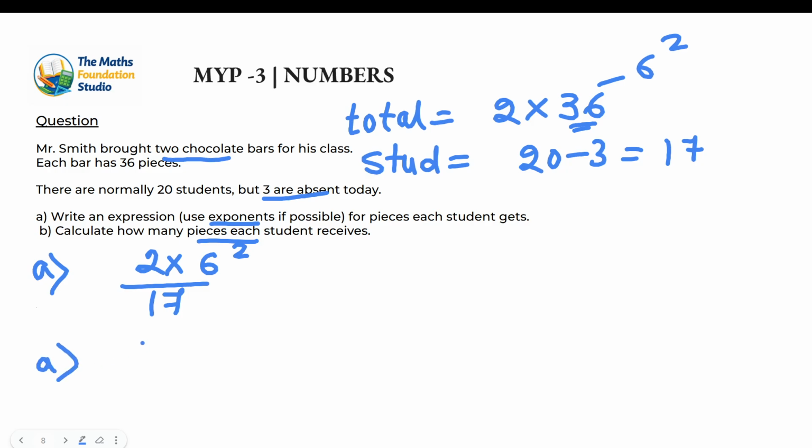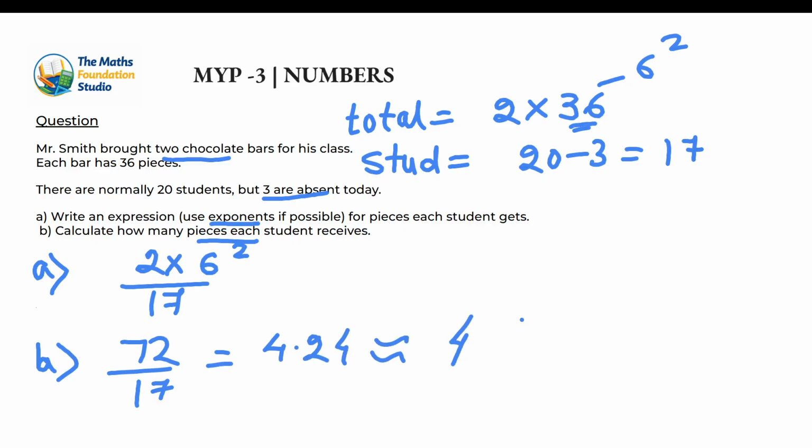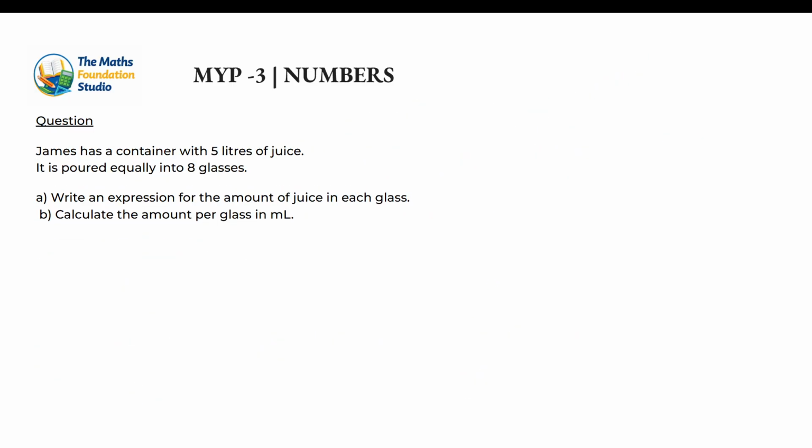Hence, let's try to find this answer. 72 by 17 comes out to be 4.24. It is approx 4 pieces. It means each student gets approx 4 pieces of chocolate. I hope you understood this question. Let's jump to next question.